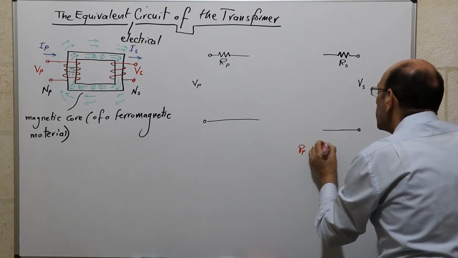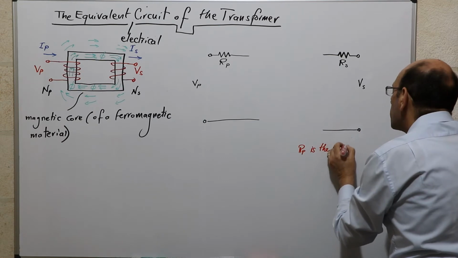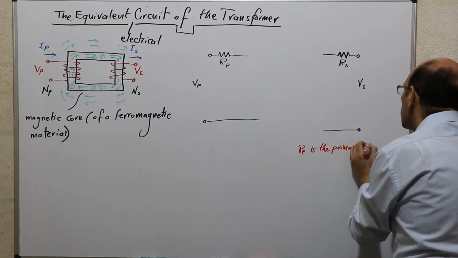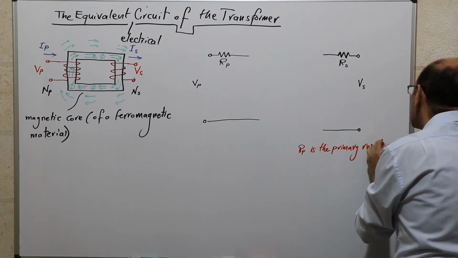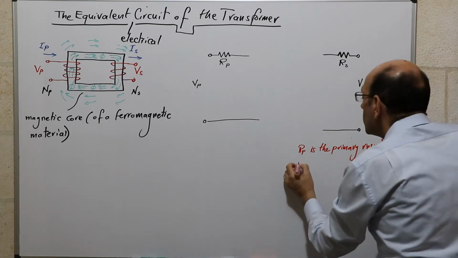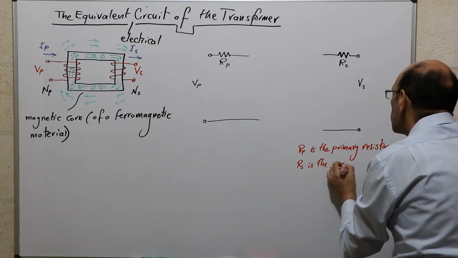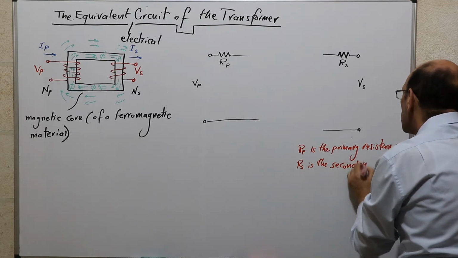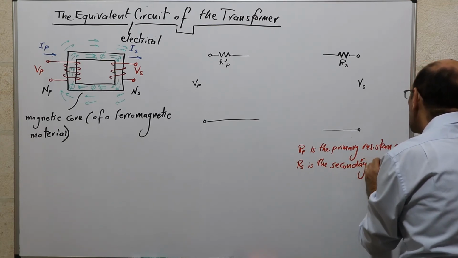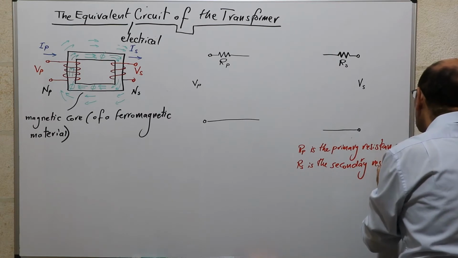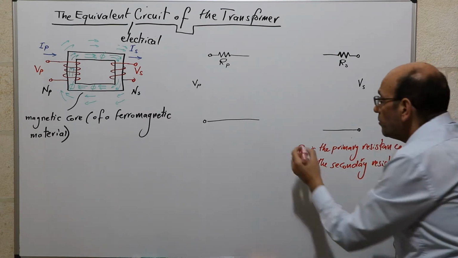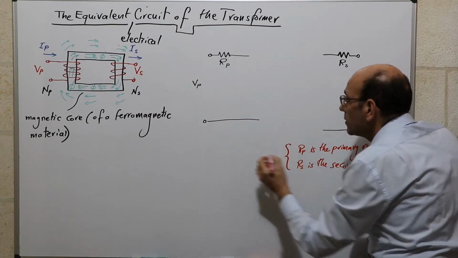RP is the primary resistance, RS is the secondary resistance.